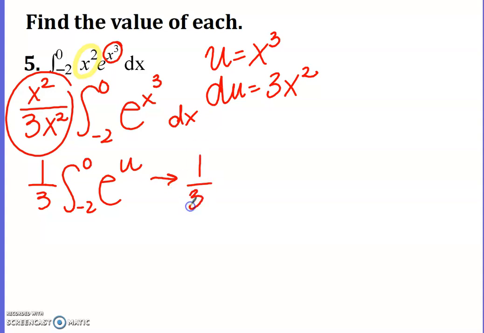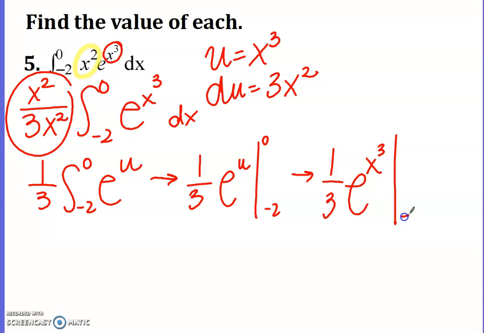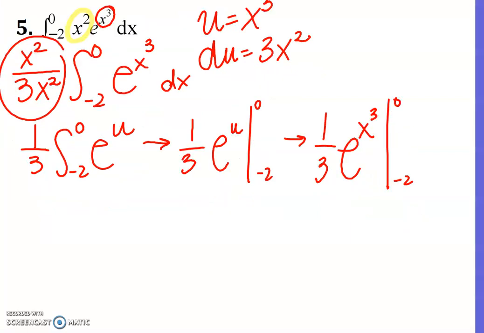When I do the antiderivative, I get e to the u from -2 to 0. Of course, I sub back in x cubed there. Okay, I'm going to plug in 0 here, and then I'm going to plug in -2.